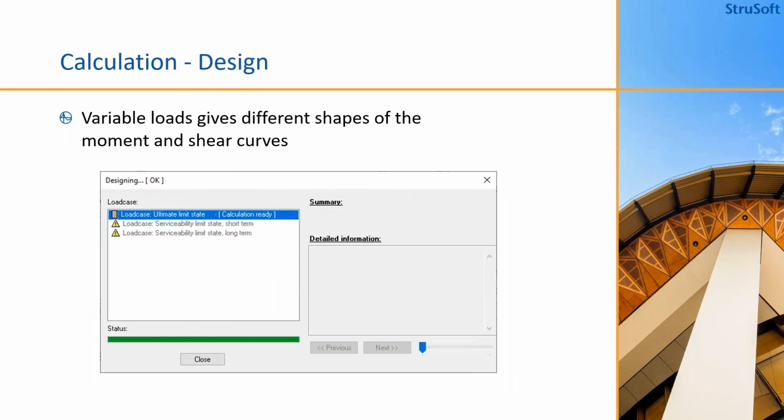In the calculation that we will be taking a look at further on, it is possible to see the different information here, if there are any errors or if there are any warning messages in the serviceability limit states.